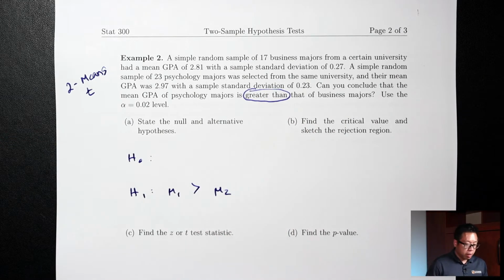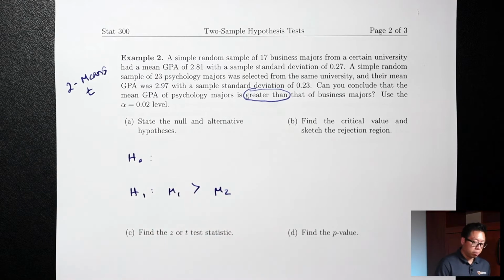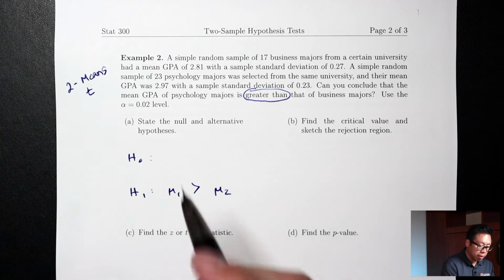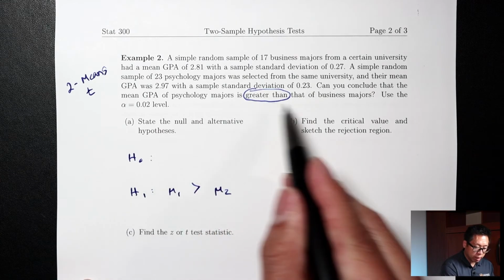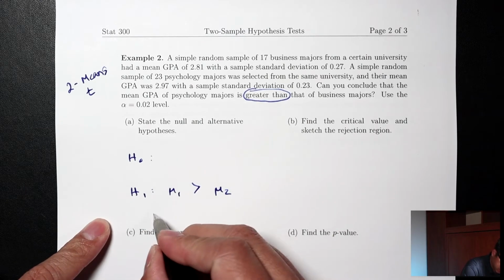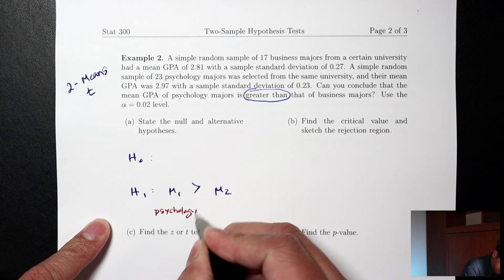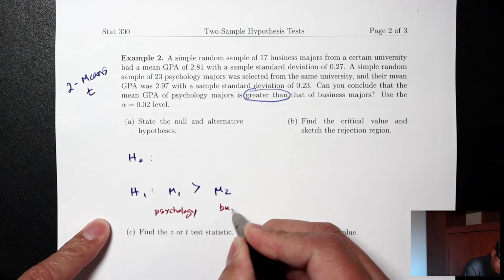And then as always, I recommend you label what the ones mean and what the twos mean. So my question is, can we conclude that psychology majors is greater than business majors? So the ones would have to be psychology, and the twos will be my business.